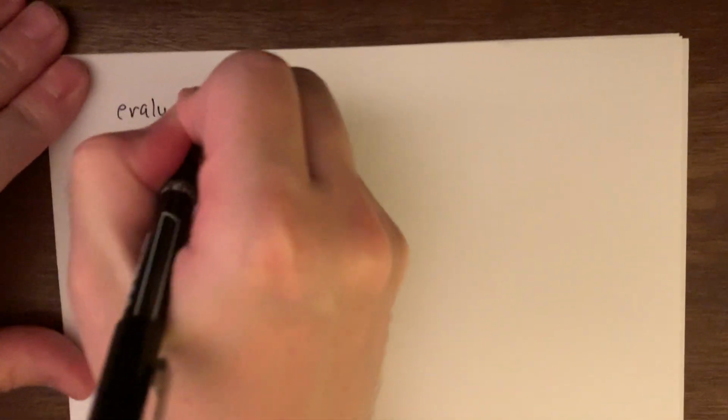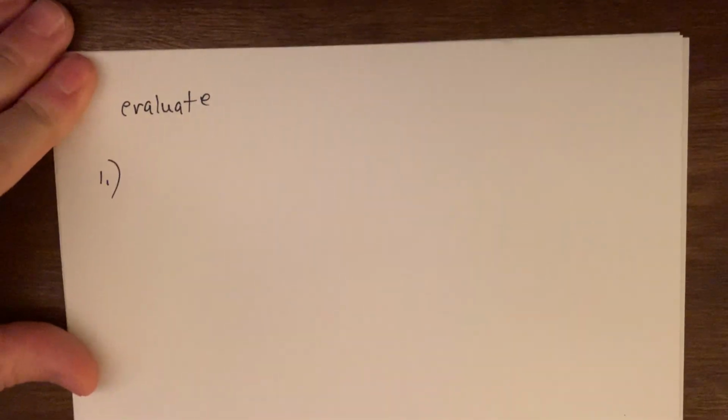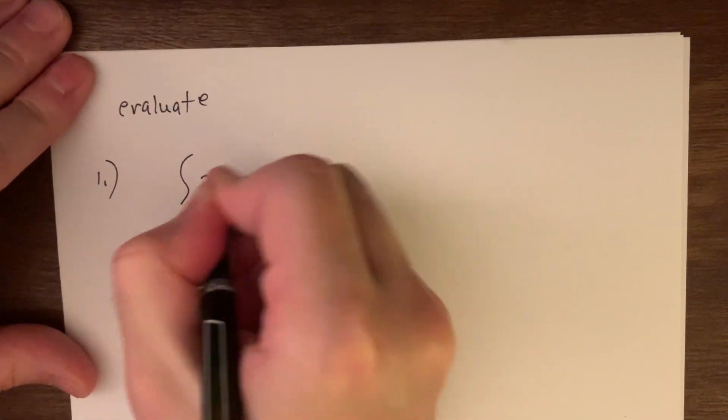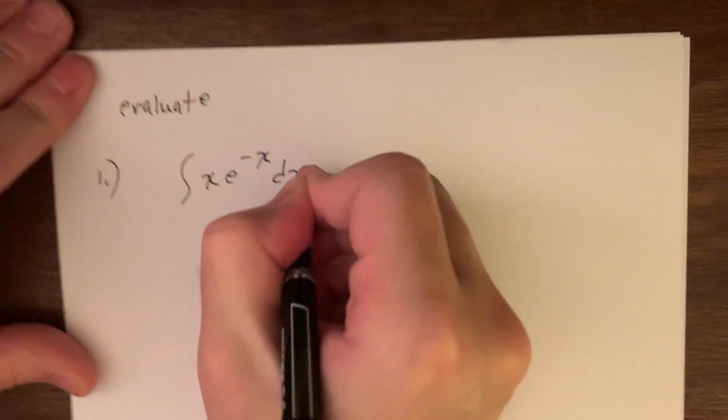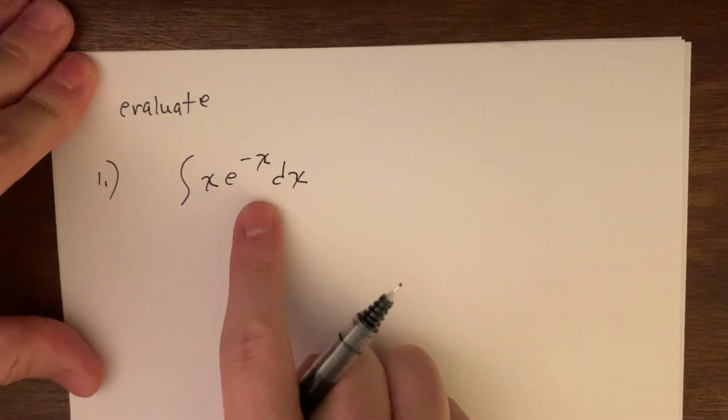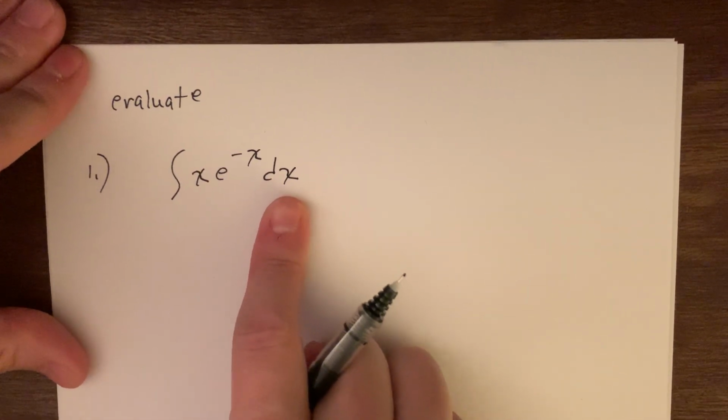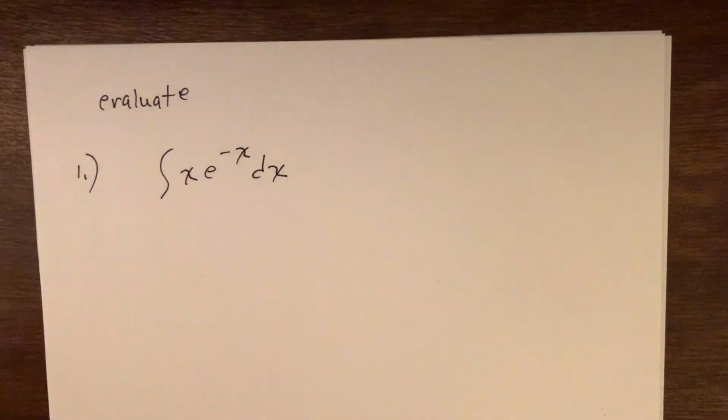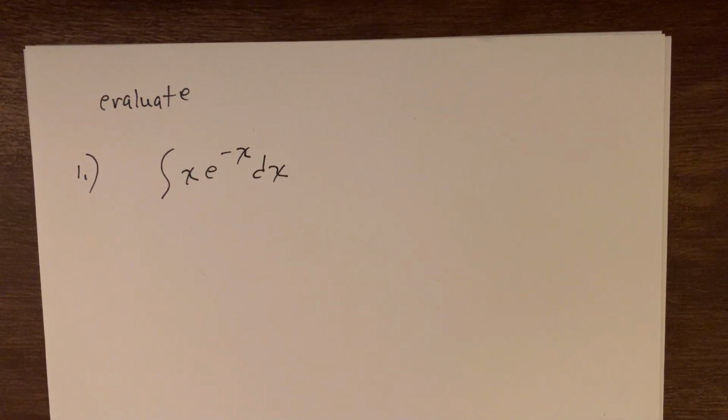All these problems, the directions will be evaluate, solve the integrals. And let's start number one with x e to the minus x dx. So it's only our first example, and for this first one, let's start with this as an indefinite integral.